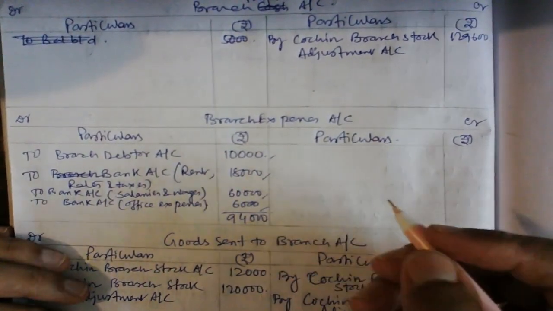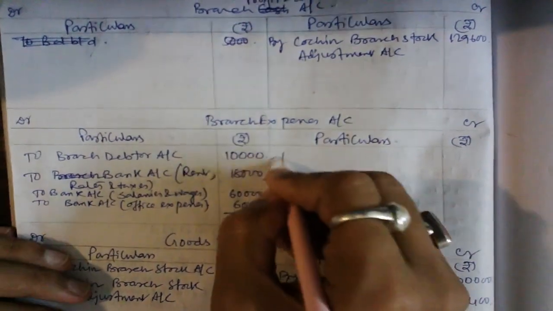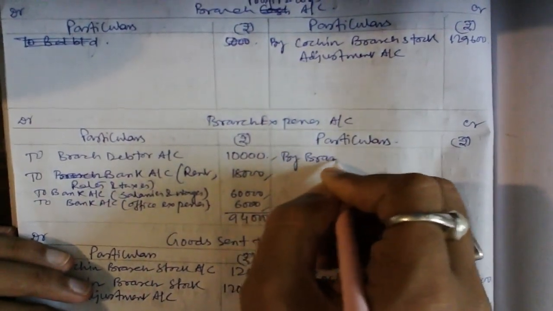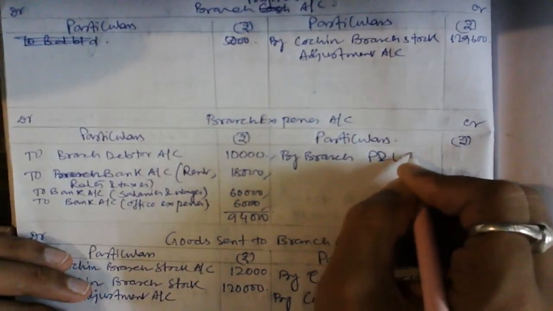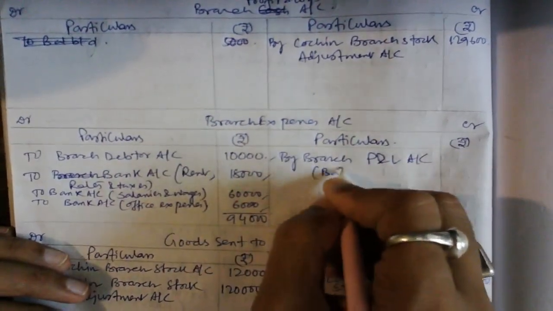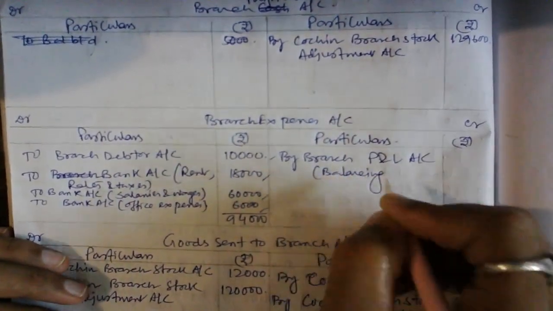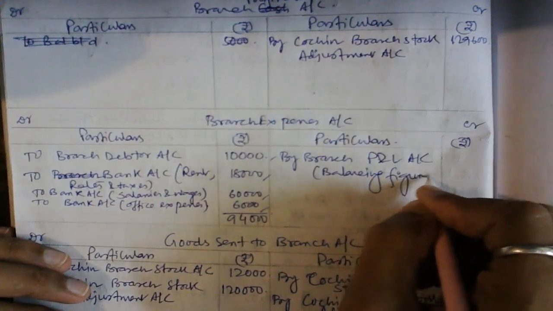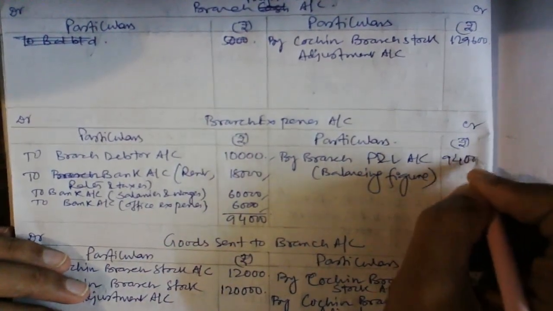Okay, 94,000. So do one thing, all the expenses should be transferred at the year end to branch P&L. You can see the balancing figure, 94,000.